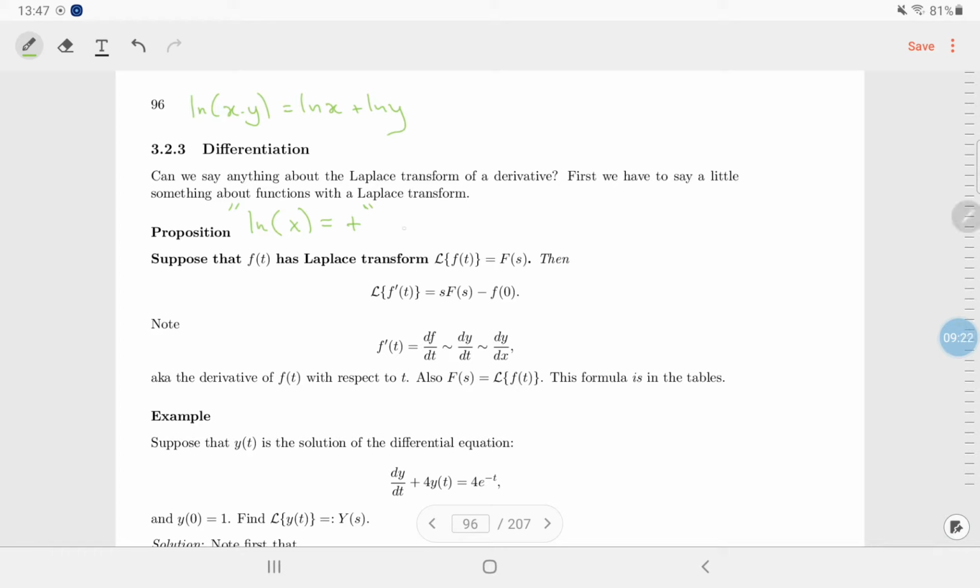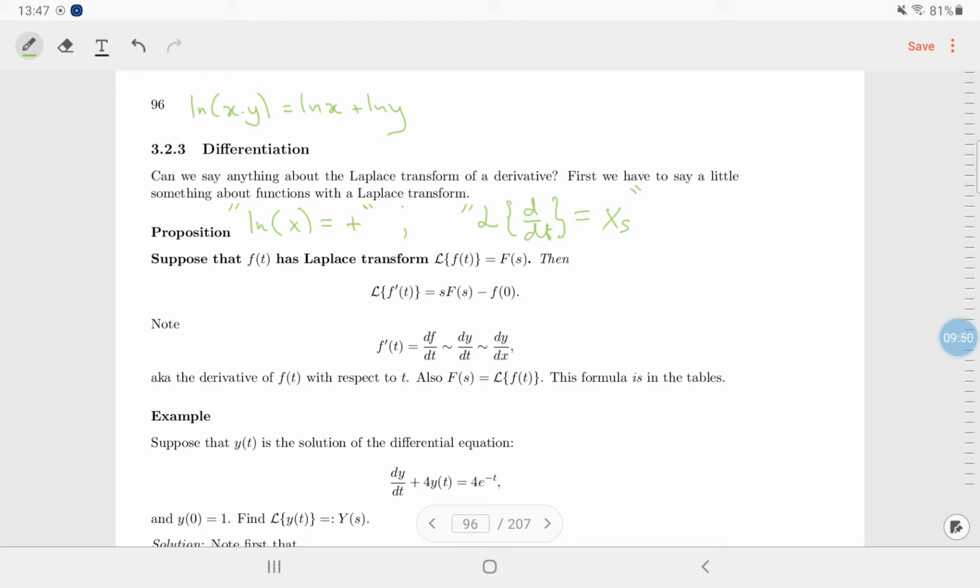In a similar way, very roughly, what the Laplace transform does is turn differentiation into multiplication with s. And this is what the whole chapter hinges on. Laplace transforms make differentiation easy.